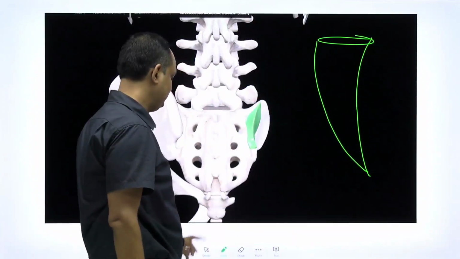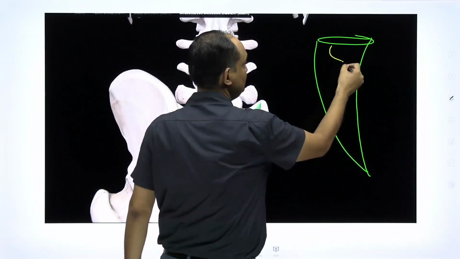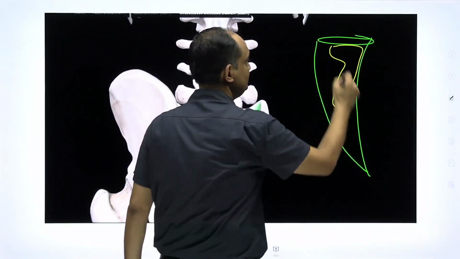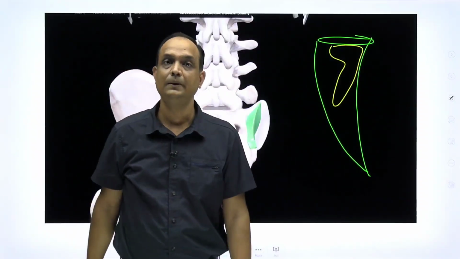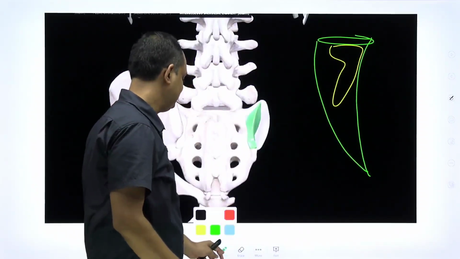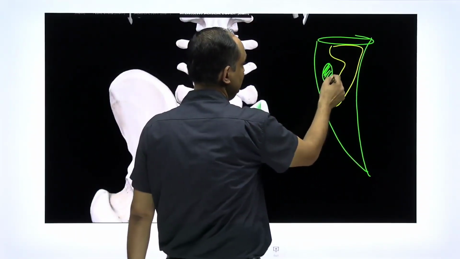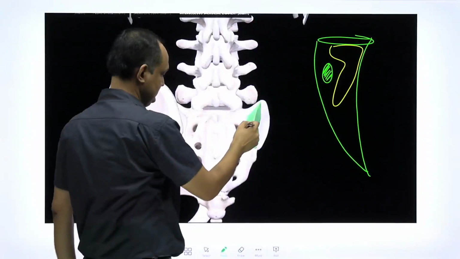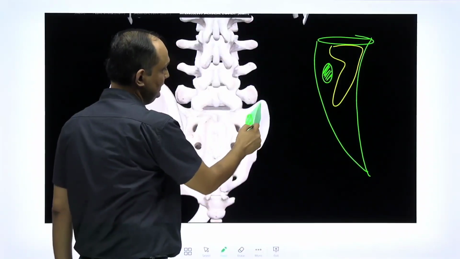where will you find the attachment of the sacroiliac ligament? You know that on the lateral side you have an L-shaped surface. This L-shaped surface is the auricular surface, which provides attachment to the hip bone. But behind this L shape, you have a pitted rough area. This pitted rough area gives attachment to the interosseous sacroiliac ligament.